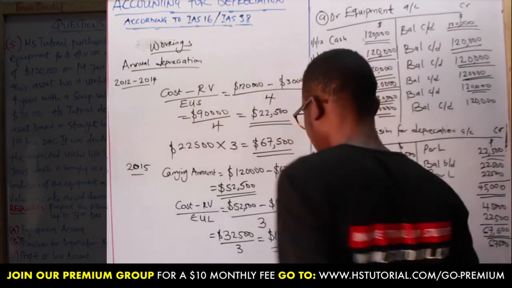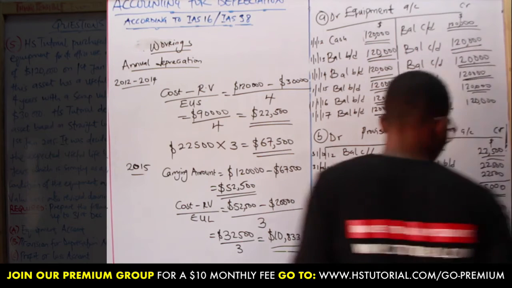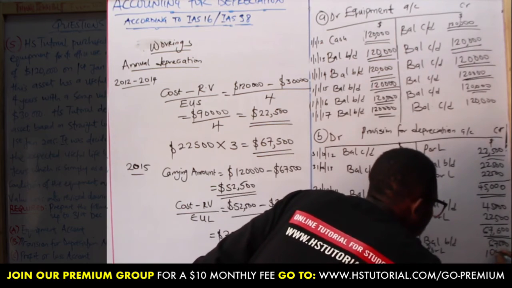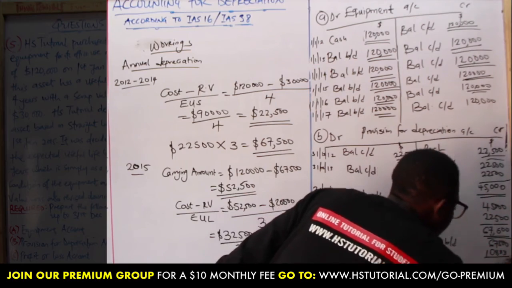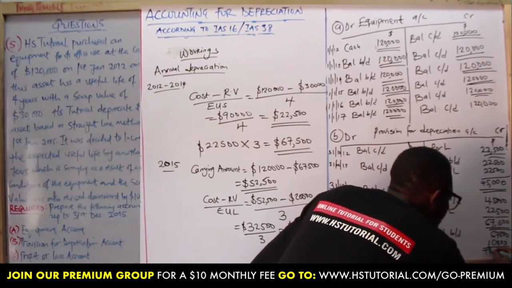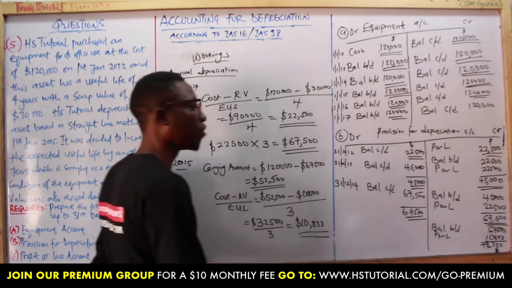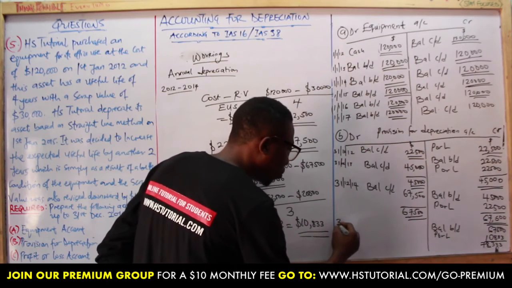With this final figure, which is 10,833. So when you add both of them together, what will it give? It will give you 78,333.